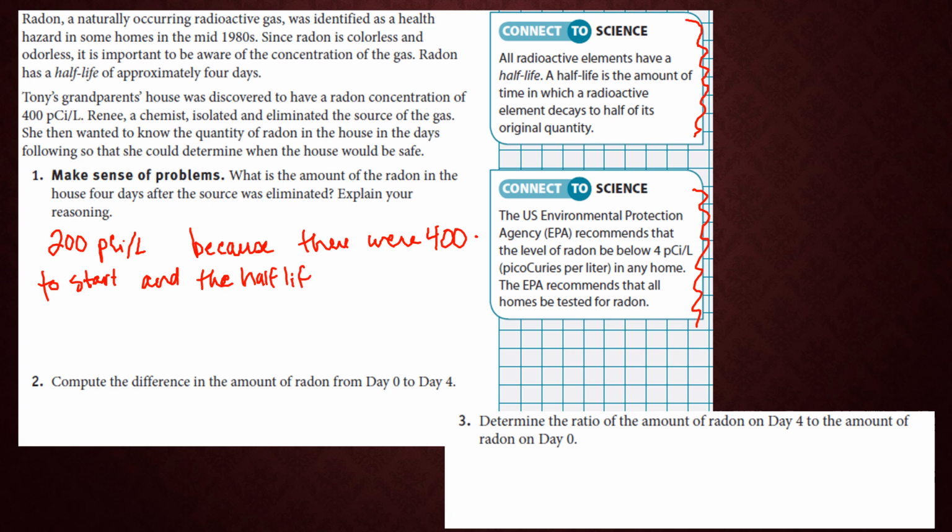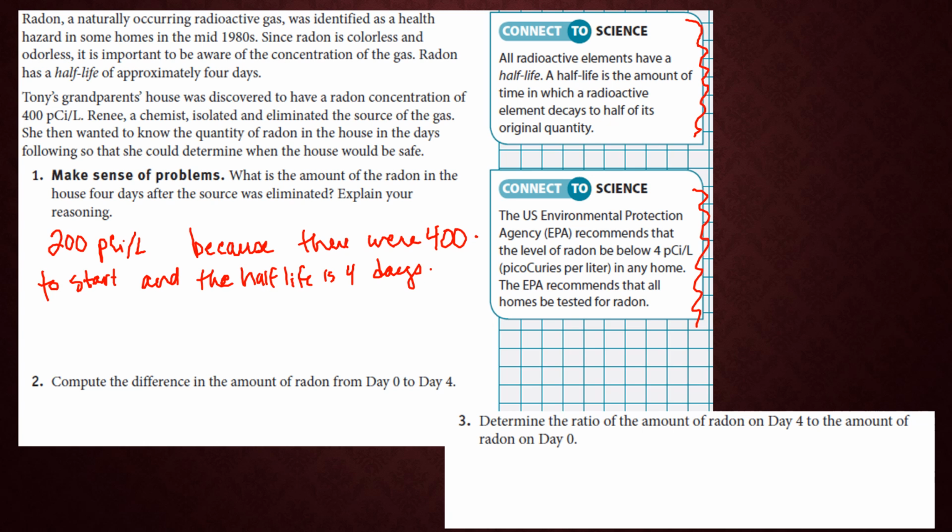Since the source was eliminated, the amount left after 4 days would be half as much as it was before. So it has gone from 400 to 200.